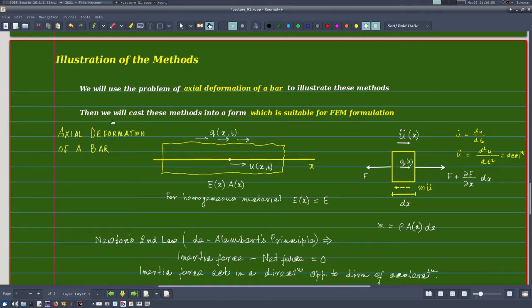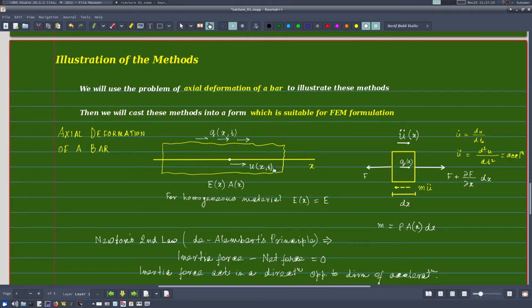So let us take up a bar under axial deformation. It may be a general kind of bar of any shape, though its other two dimensions will be quite small compared to the axial dimension. That's why it is a one-dimensional body.